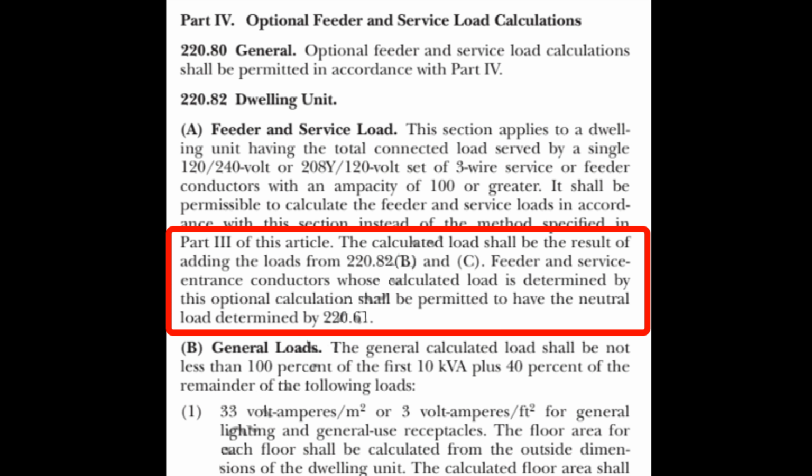Here's the meat and potatoes of this section. The calculated load shall be the result of adding the loads from 220.82(b) and (c). Feeder and service entrance conductors whose calculated load is determined by this optional calculation shall be permitted to have the neutral load determined by 220.61. We'll be working with 220.82(b) and (c) first.